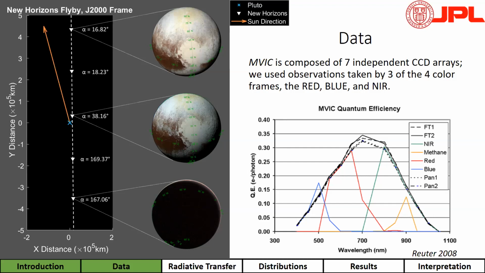We're only using 3 of the color filters though, because the methane filter is redundant with the near IR filter, and the methane filter has a much lower SNR. So we're using near IR, red, and blue. And there on the left, you can see the series of observations that were taken by the New Horizons spacecraft as it flew by.